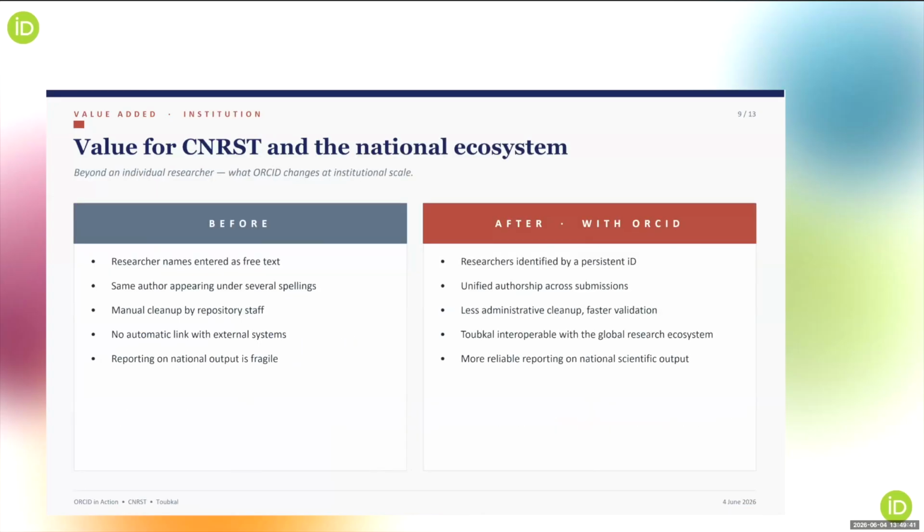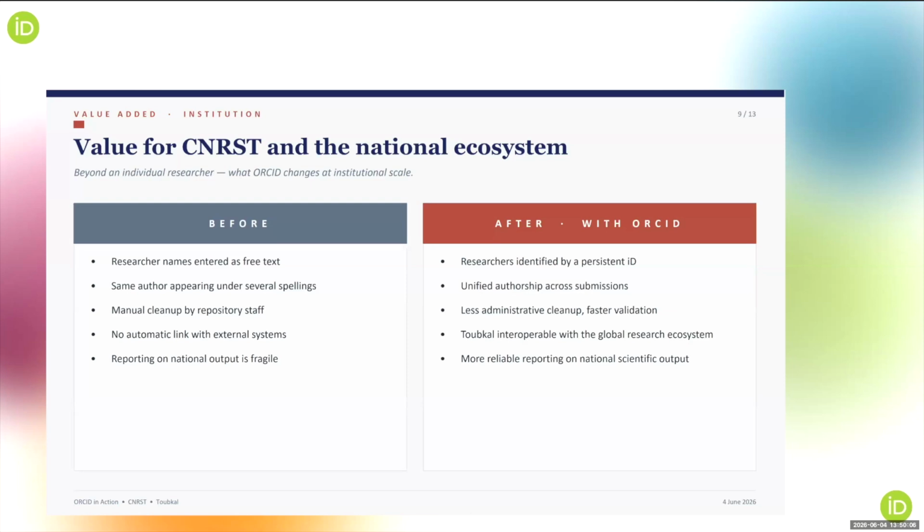The value for the institution and the national ecosystem. Before, we had researcher names entered as free text, the same author appearing under several spellings, and manual cleanup by repository staff. There was no automatic link with external systems, and reporting on national outputs was fragile.